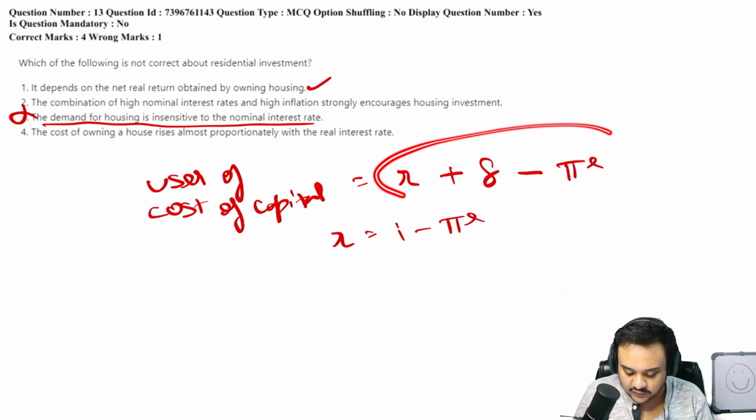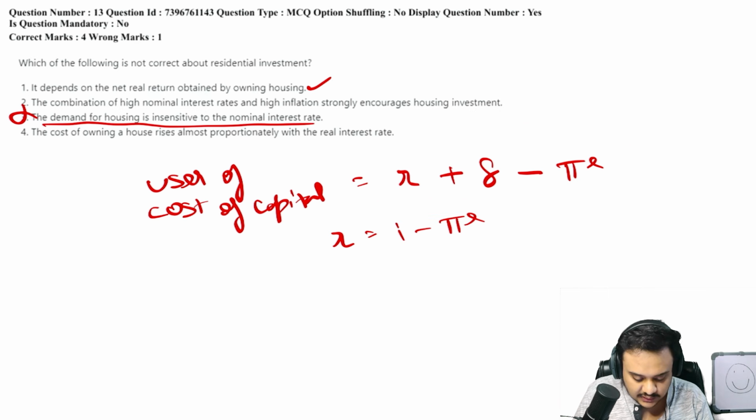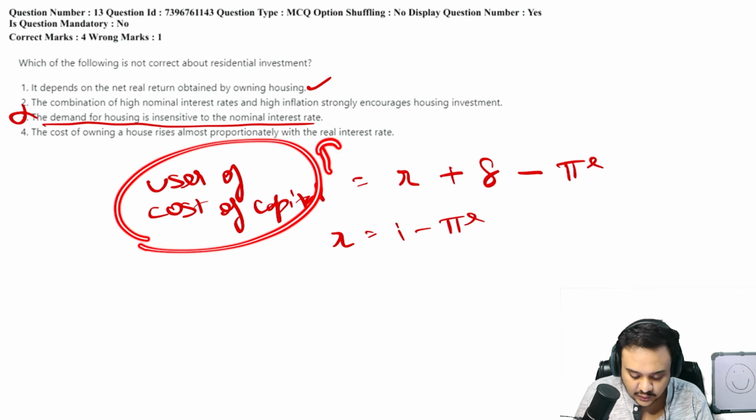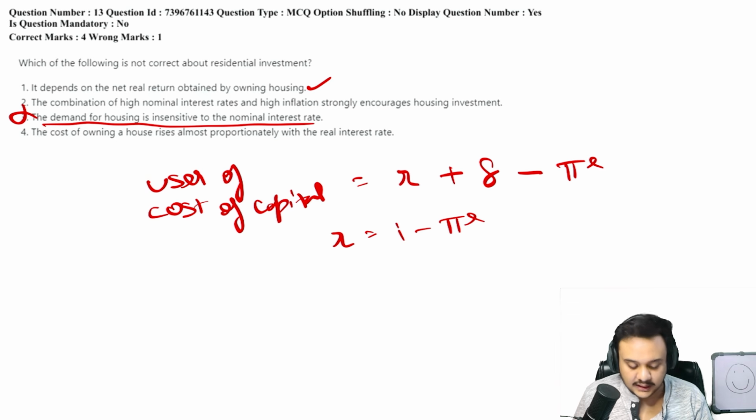So yes, this is absolutely true, that as your real interest rate rises, your cost of owning a house will also increase almost proportionately.